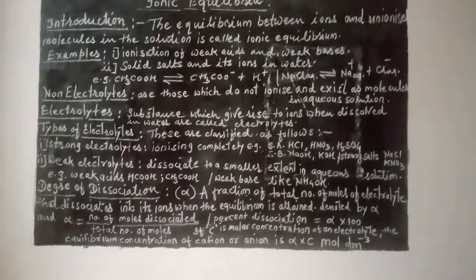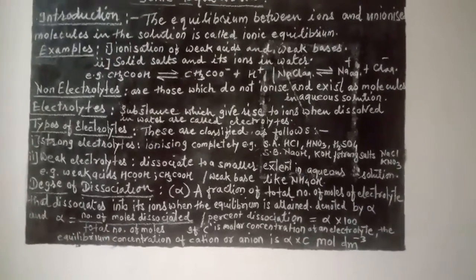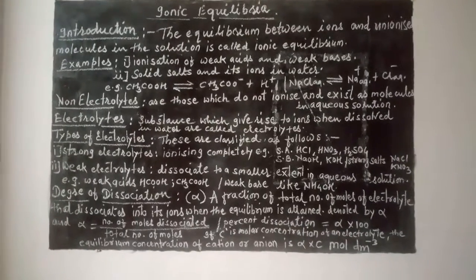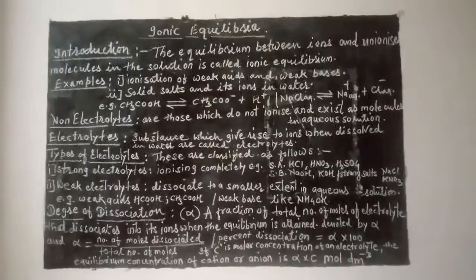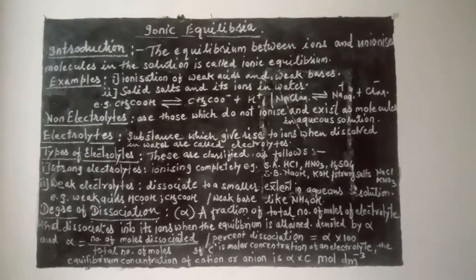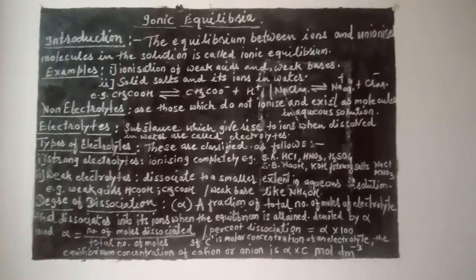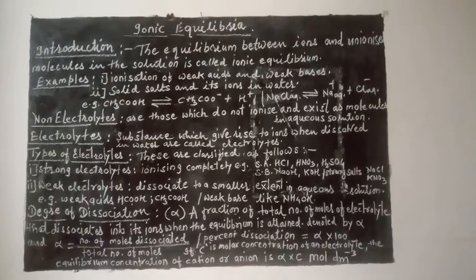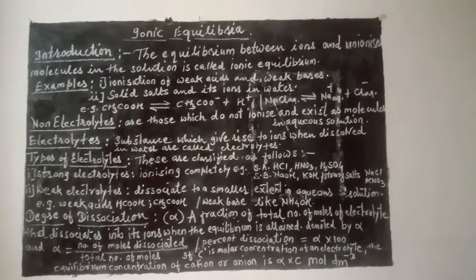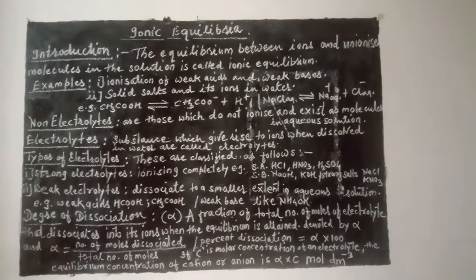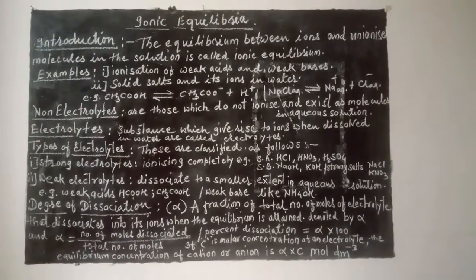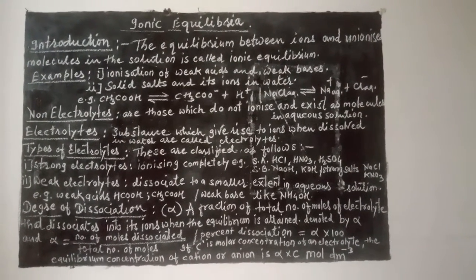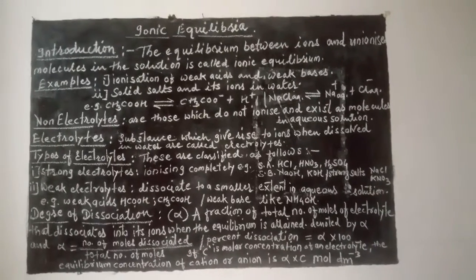Also, beside the degree of dissociation, I have written the formula for percent dissociation. Percent dissociation is equal to alpha into 100. If C is the molar concentration of an electrolyte, the equilibrium concentration of cation or anion is alpha into C mole per cubic decimeter.